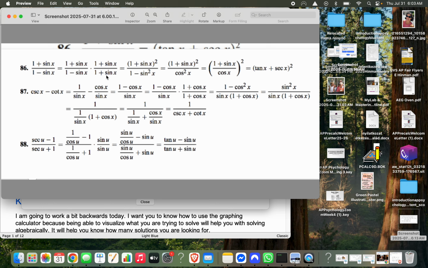So the bottom becomes, if I do 1 times 1, that's 1, and then I have sine x minus sine x, so that cancels, and I end up with sine squared x when I multiply sine of x times sine of x. And that's nice because this becomes cosine squared of x, using a Pythagorean identity. And that's where, wait a second, now this is something squared, and this is something squared, so I'm going to put the squared out top.